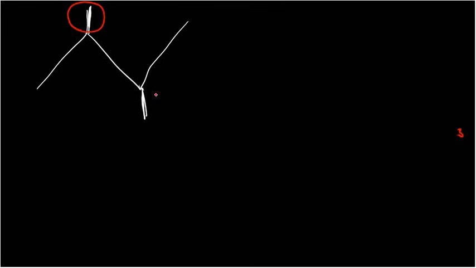This is the branch, and again, this is also the branch. If I start counting from this side, 1, 2, 3, 4. Even if I start counting from this side, 1, 2, 3, 4. This will be 3, this will be 2, meaning that it's just the same. There's no difference. So how many branches are we having? We are having 2 branches.